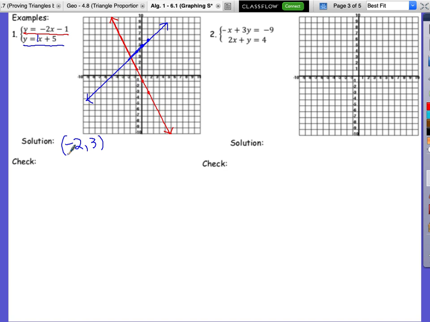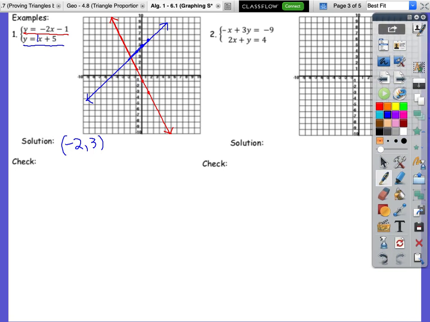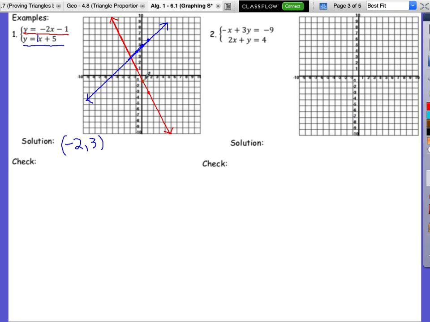Something to be really careful about here is we have to make sure our lines are exact. For example, if we were to have a line here on accident in the red, a line like here, is that green line that far off of the red one?